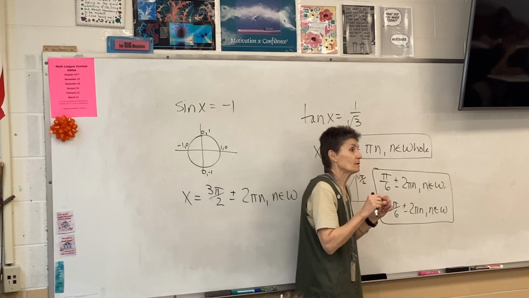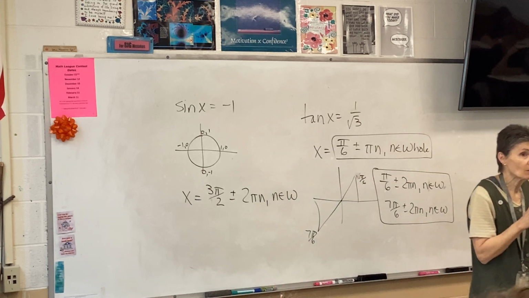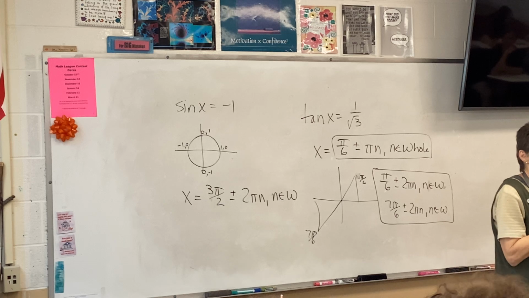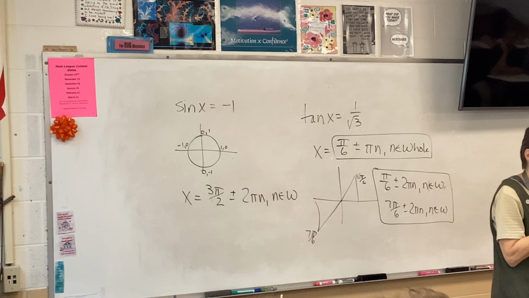Back when we talked about coterminal angles, how do we find coterminal angles? Add or subtract a revolution. And what's a revolution? 2 pi.